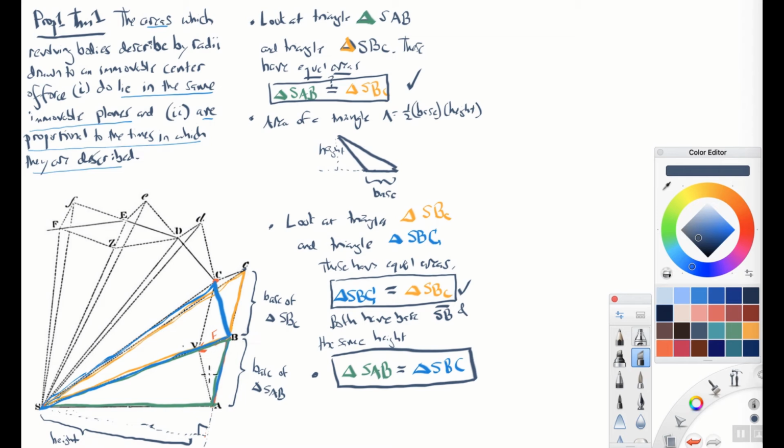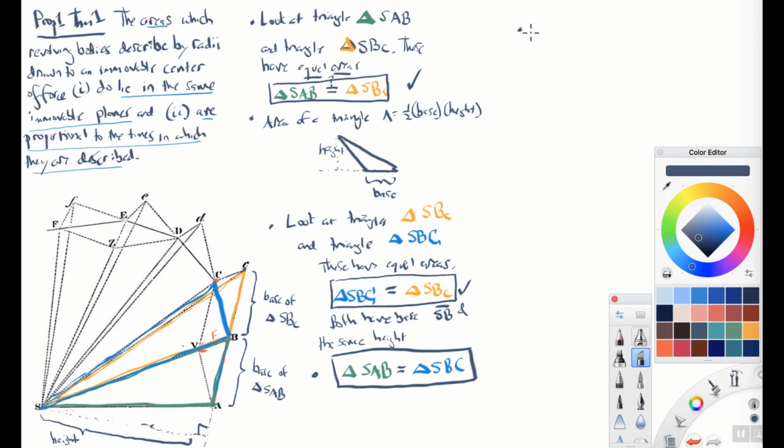So when we apply this force, it changes the trajectory of the ball, but the area that is swept out between point S and the trajectory of the ball, that area of that triangle, is the same as it was in an earlier time interval. Okay?